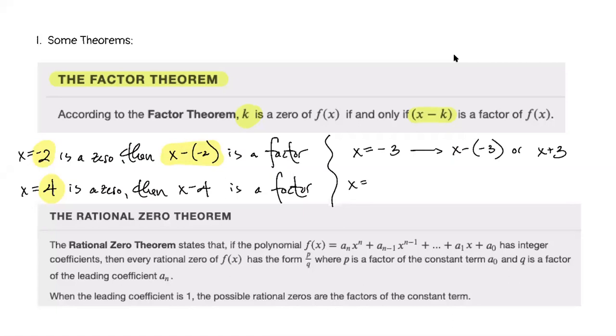Let's say x equals 1/2. If x equals 1/2, what is the factor that goes with that 0 or with that x-intercept?